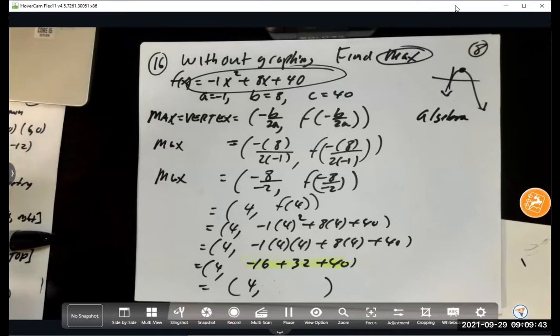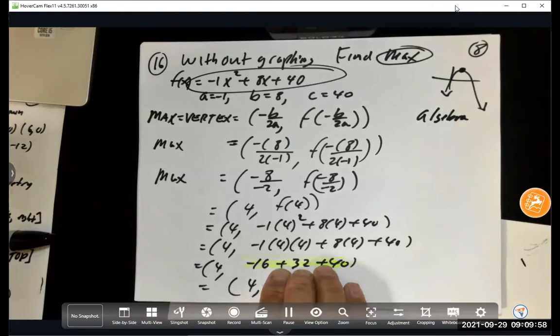Do 40 plus 32 minus 16. Do it in the calculator.